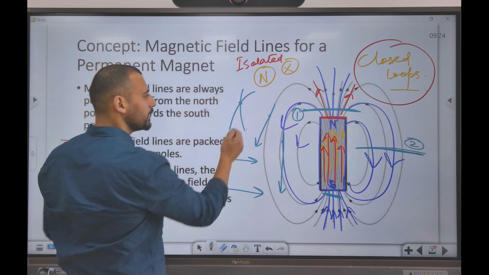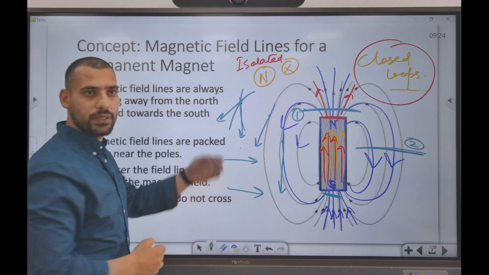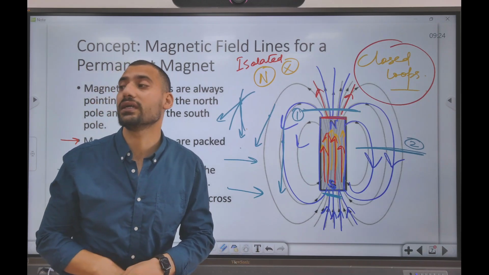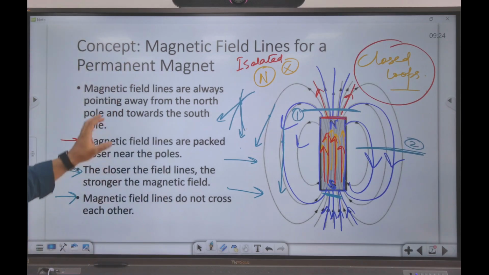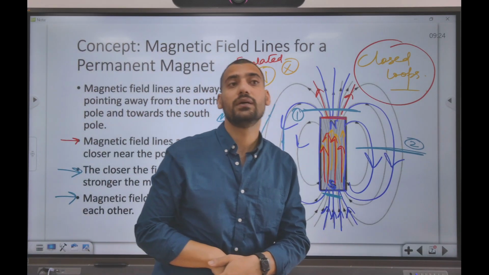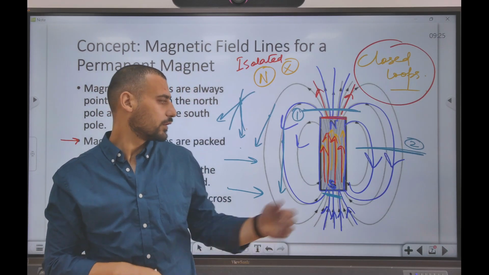But now you will be drawing two tangents, one here and the other one here. So you will be confused about the direction, isn't it? Therefore, it is not possible for the magnetic field lines to cross. Is this clear? This is the concept of the magnetic field lines which are generated around a permanent magnet. Clear? Fine? Copy this.